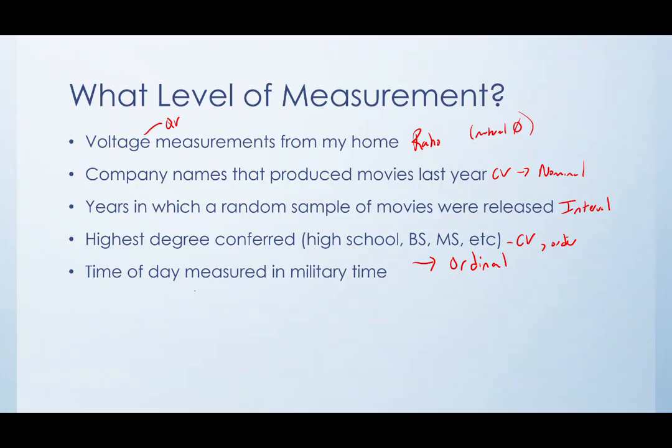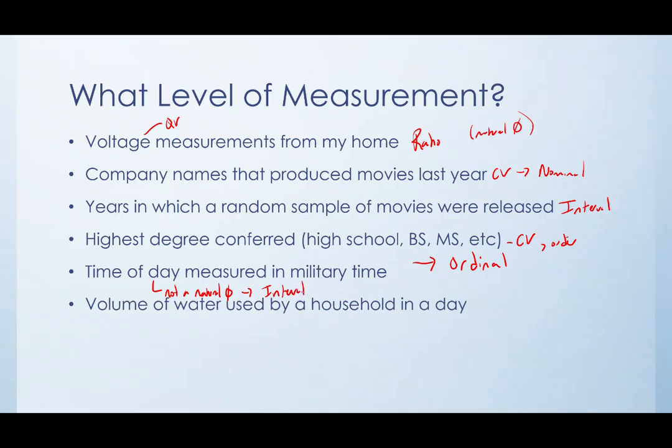It doesn't indicate an absence of time, unless you want to think of it in terms of how far into the day are we, right? So this one's a little, depends on the application. So I'm going to kind of say that it doesn't have a natural zero, and so we're going to say interval. Now, this is different from if it was for elapsed time. Elapsed time will definitely be ratio.